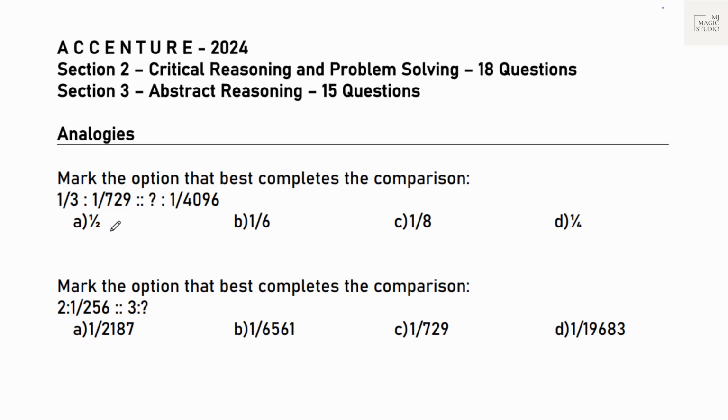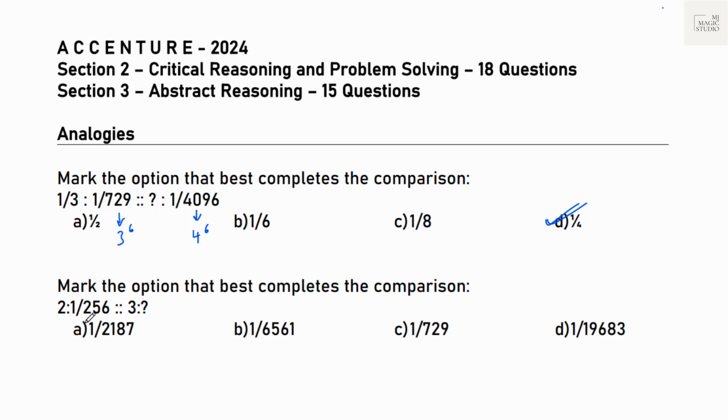So what we have here, 1 by 3 is to 1 by 729. 729 is 3 to the power 6. If we balance 3 to 3, then 4096 is 16 cube, that is 4 to the power 6. That means the best analogy would be 1 by 4.